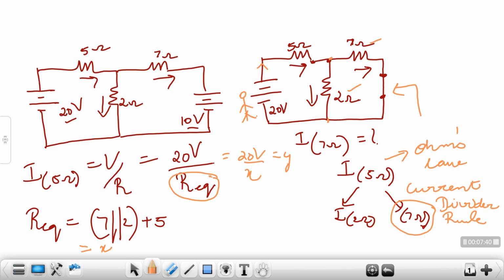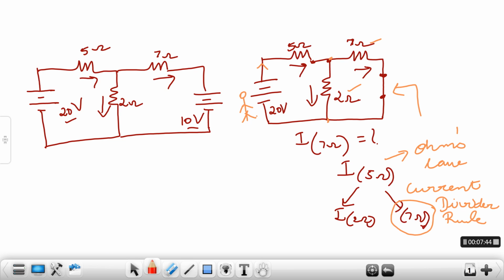Next, you will apply directly a current divider rule to find this current out. Now, the current in 5 ohms, which we have assigned as y, we have found out. Now we want to find the current in 7 ohms. Here you are going to use the current divider rule. So the current in 7 ohms is given by the formula of the current divider rule.